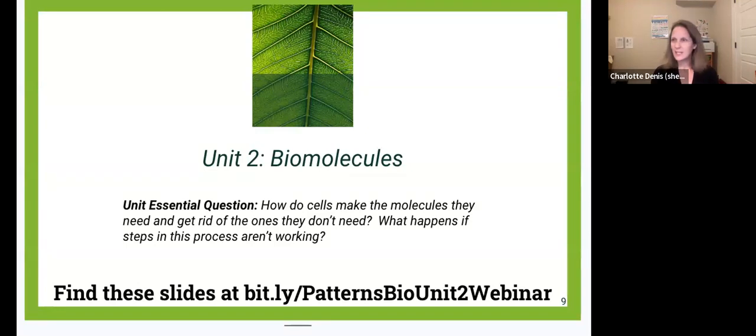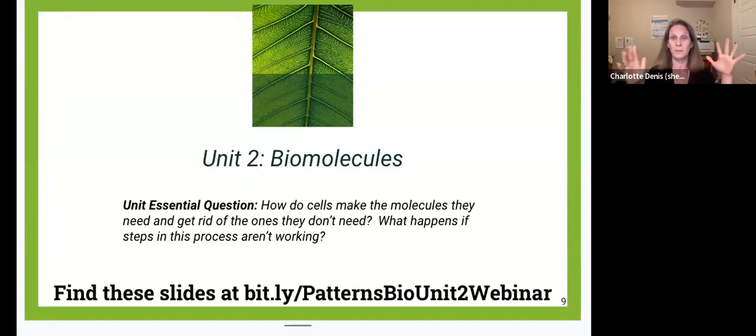All right, so in Unit 2, we're asking the big question about how molecules are used to build cells. Our Unit 3, it's kind of bookended on one end. This is the first experience that students are coming in looking at molecules with. The previous unit, of course, is about ecosystems and biodiversity.